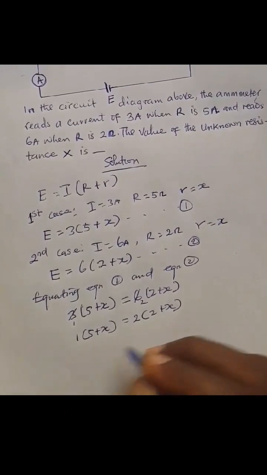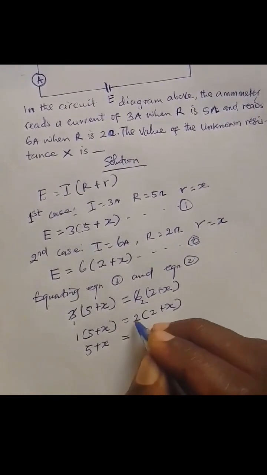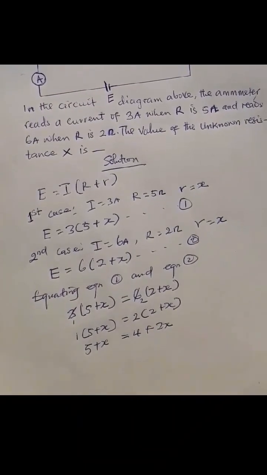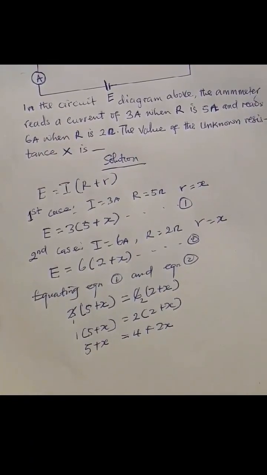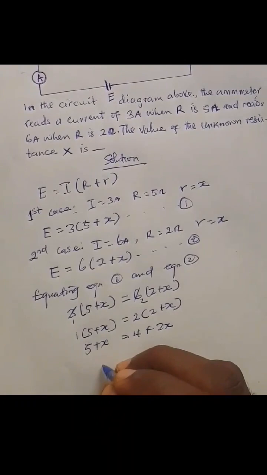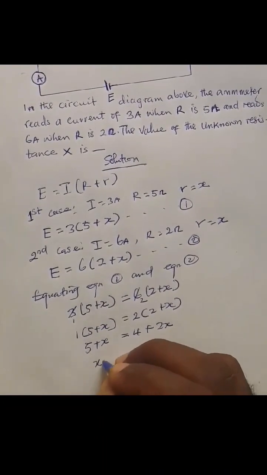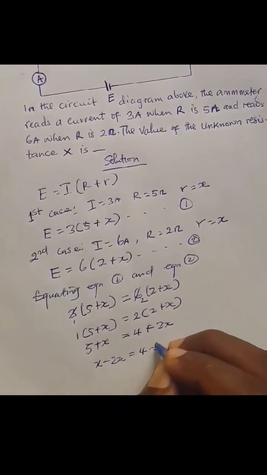We close our bracket. Now opening up the bracket, we have 5 plus X equal to 2 times 2, which is 4, plus 2X. It's at this very point that we'll be able to collect the like terms. So we have X minus 2X equal to 4 minus 5.